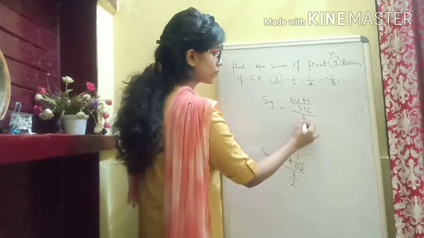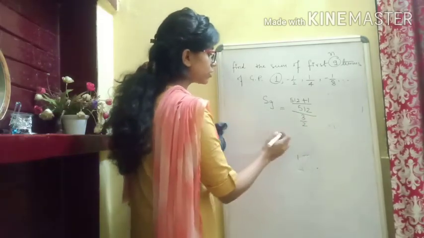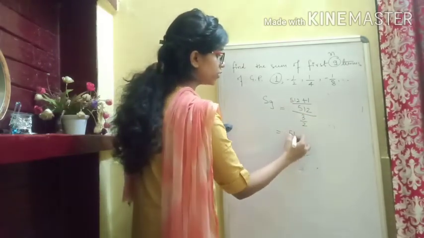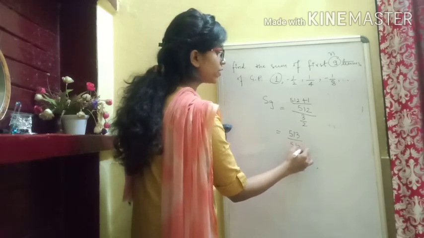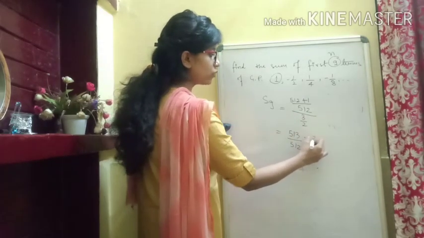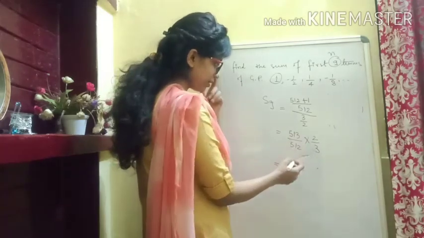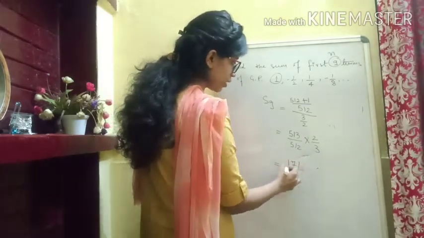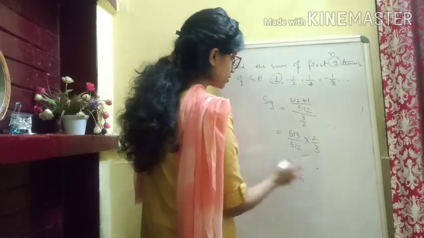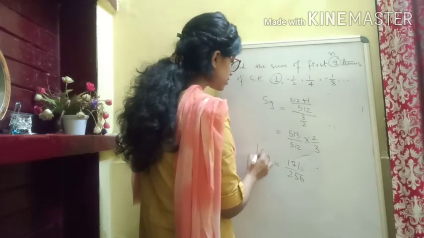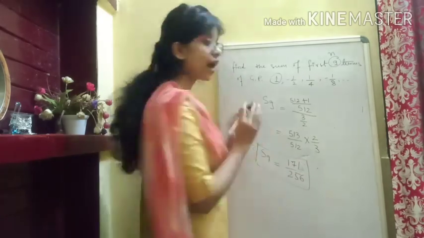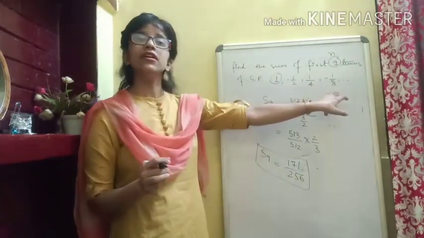Is it okay? Now, this will give you 513 upon 512. This will get reciprocated, and then you will get 2 upon 3. And when you simplify, it will come 171 upon 256. So this is the sum of first 9 terms of this given GP.